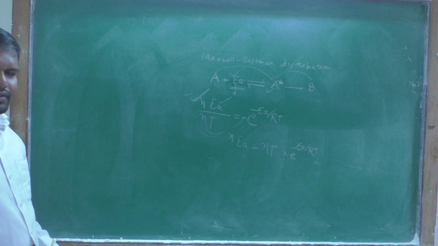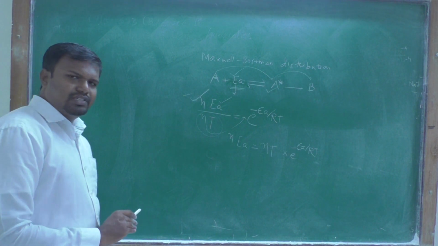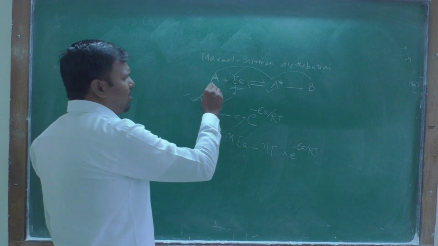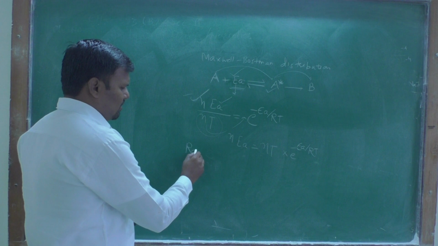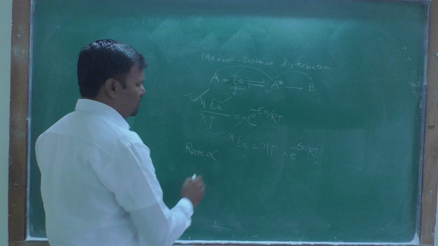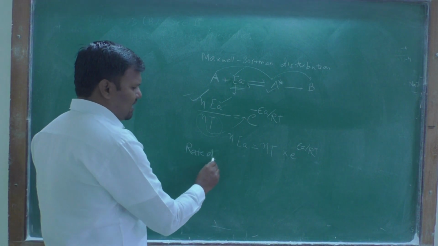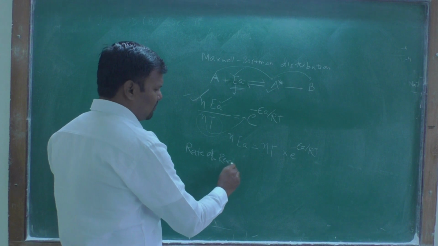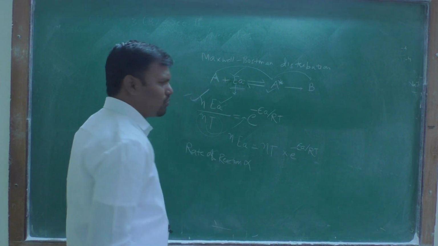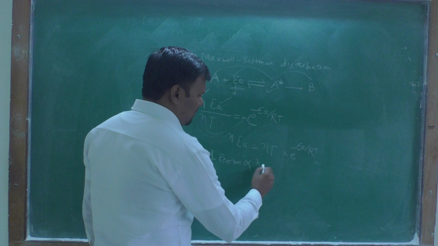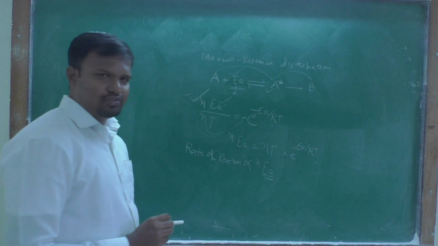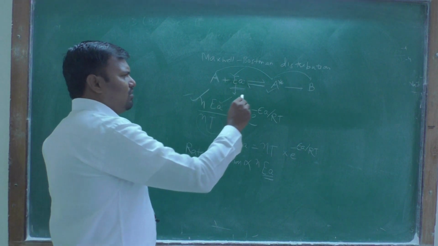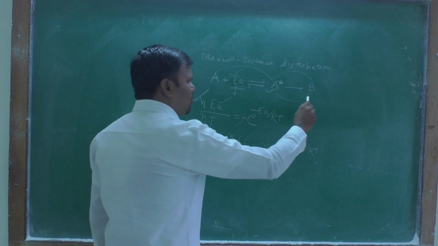Okay, this is the first equation. Now we said that the rate of reaction is directly proportional to the total number of activated molecules, because these molecules will give the product.